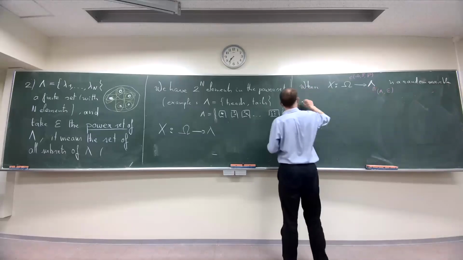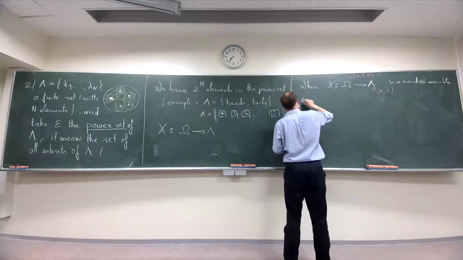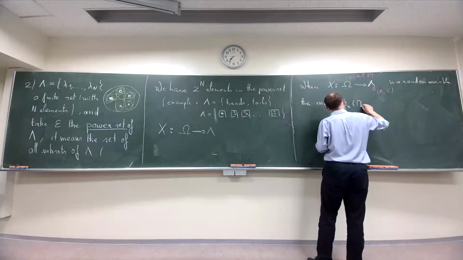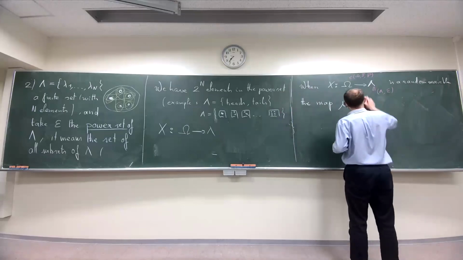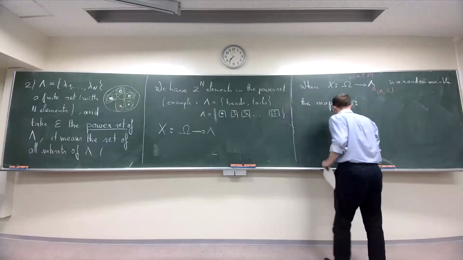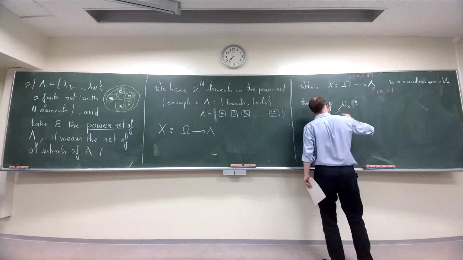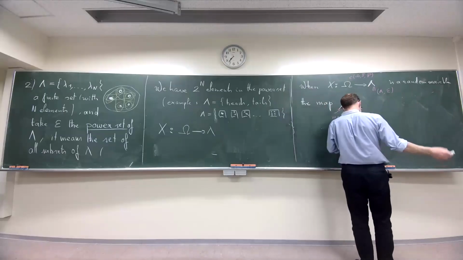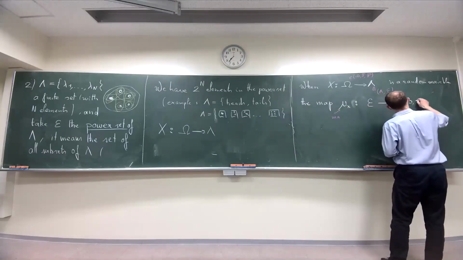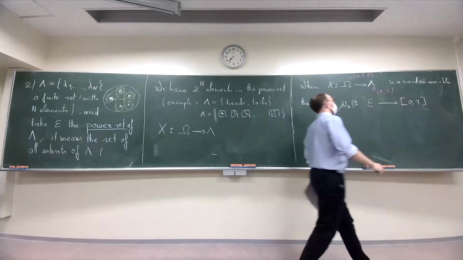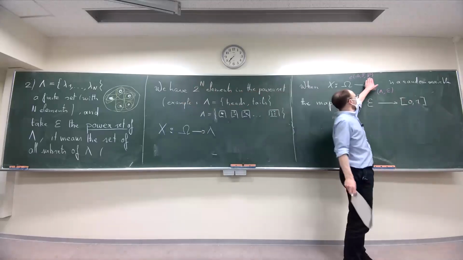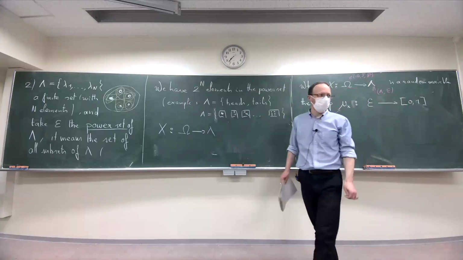We can define the following map. mu X, it's going to be a function from E to [0, 1]. Remember, P was a function from F to [0, 1].